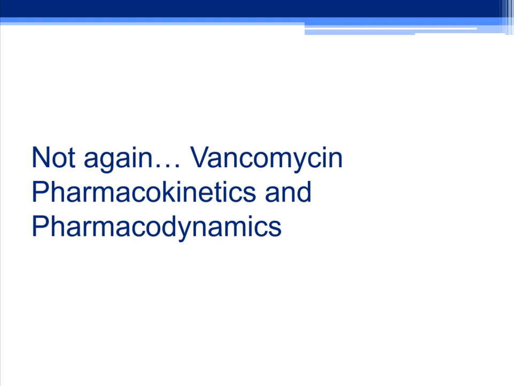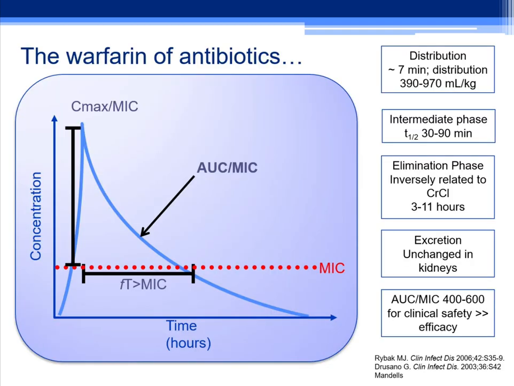The drug has been around for 40 years at this point in time, and we still debate exactly how to dose it. We do know that it follows an AUC/MIC type distribution from a PK standpoint. We know that this 400 to 600 range shows clinical safety, not so much an efficacy advantage, but a clinical safety standpoint. This drug has a very high volume of distribution.